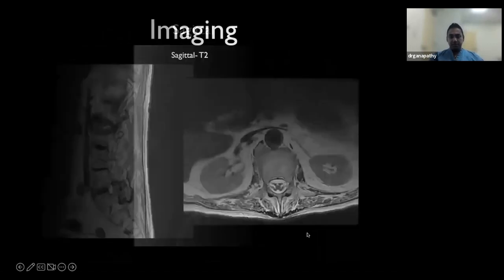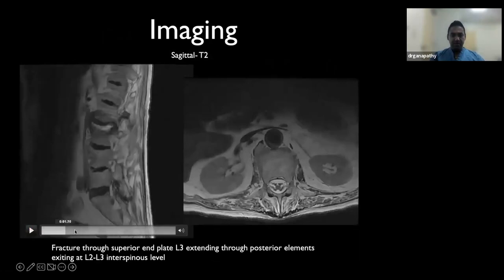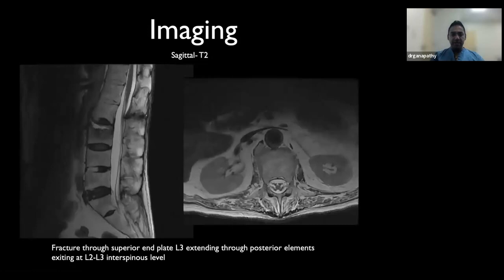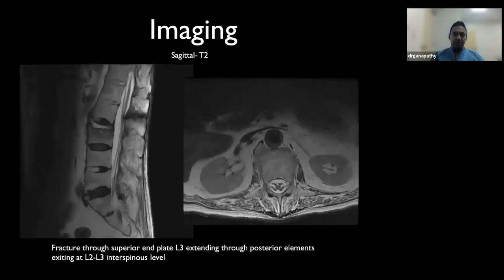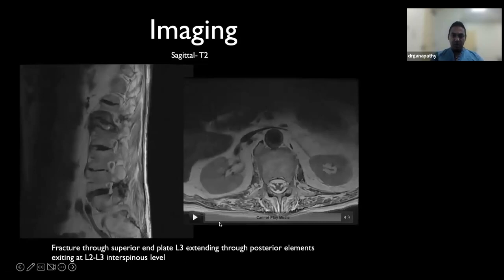And MRI was done, obviously, for completion of workup. The patient had a difficult time walking, mainly because of pain. And as you can see here on the sagittal T2, there's no significant canal compromise. But I'm sure everybody here knows that the reason he's likely not able to get up and walk around very much is because of the severe pain that he's got.